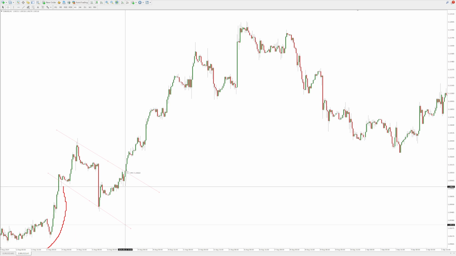That would have been around 20 pips, which is a relatively tight stop loss for the 1 hour chart time frame, and a good risk to reward ratio available on this trade.